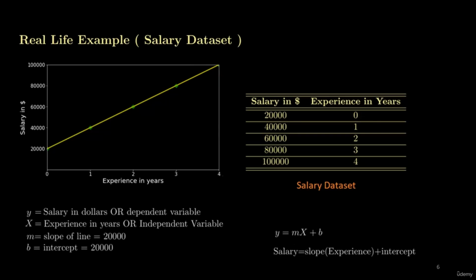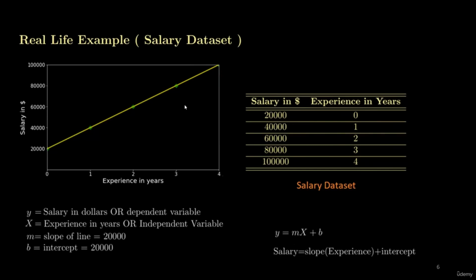Now, again, the important thing is, if you see this straight line as a mathematics student, this is only a straight line. But if you look at this line as a machine learning practitioner, this is not only a straight line, but a linear model which has learned something. So what has it learned? It has learned the relationship between X and Y, that is, the relationship between the independent variable and the dependent variable.